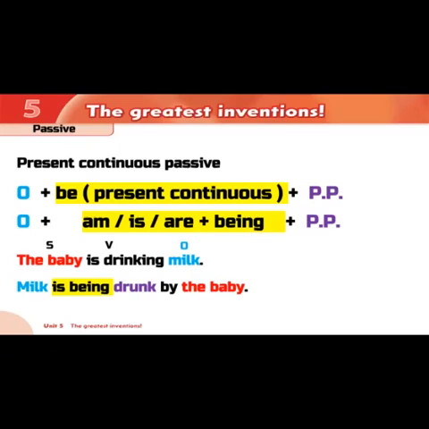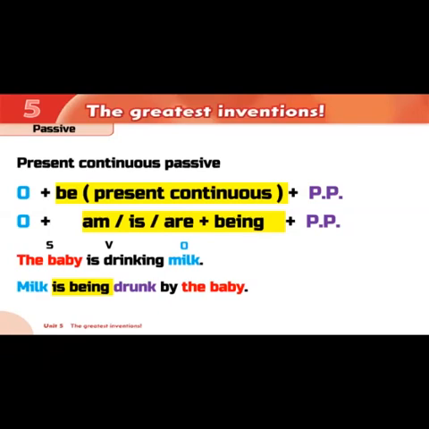Then verb to be in the present continuous. Am, is, are plus being. And we will take is because milk takes is. Then the past participle of drink, which is drunk. Then by the subject, which is the baby. Milk is being drunk by the baby.